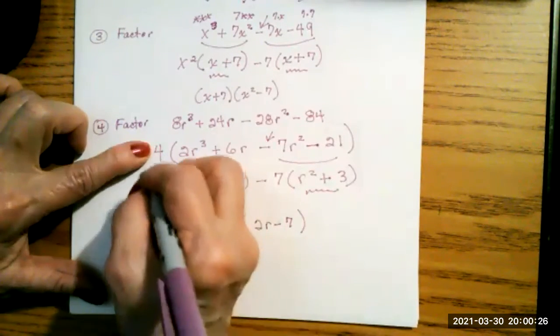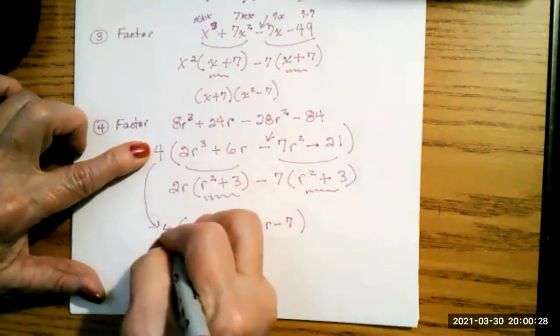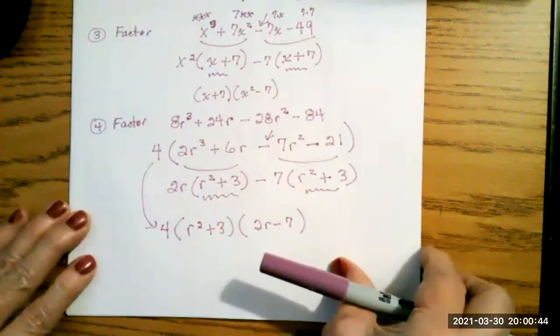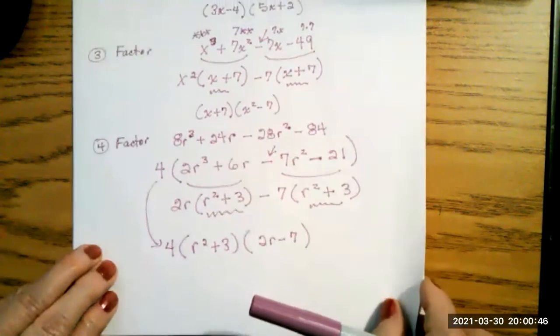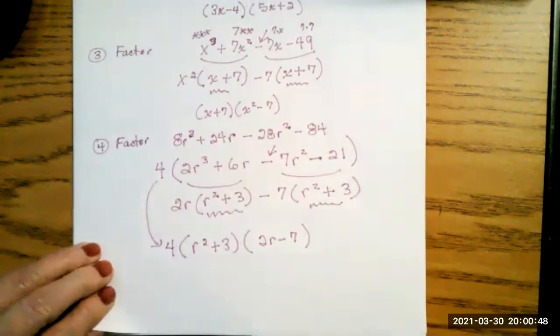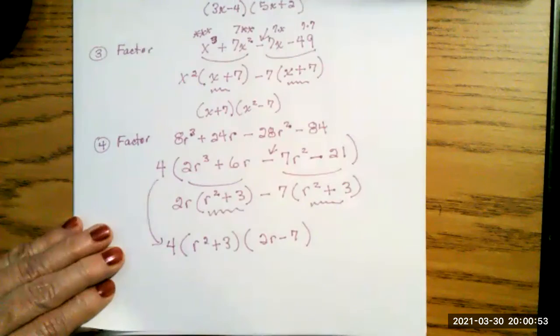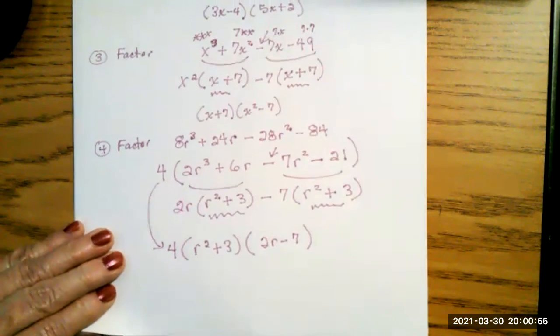And I can bring my 4 down and not throw it away. So there's my 4 that was up there, and I brought it down. So now I factored it. Any questions about that one? We good? Kiana, are you good? These are all worked out for you in the assignment.